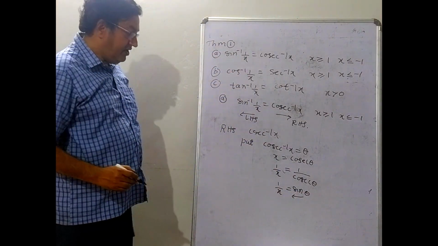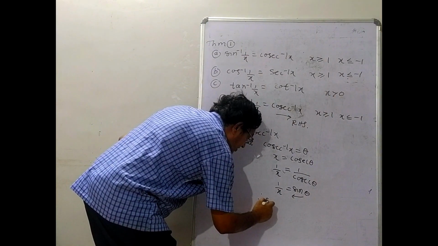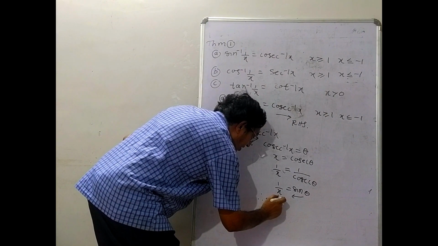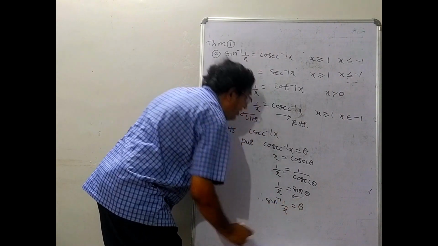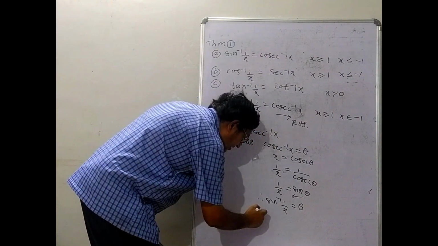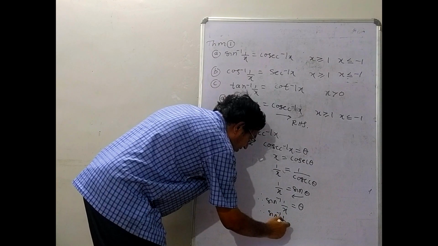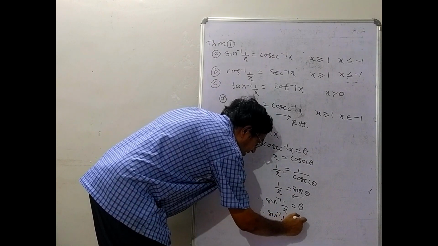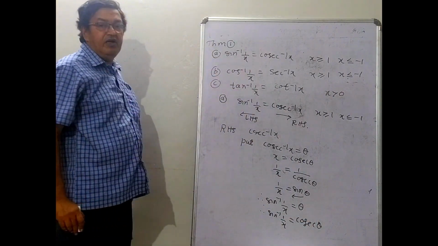Using the definition of inverse trigonometric function, we can write, therefore, sin inverse of 1 upon x is equal to theta. But what is theta? Theta is nothing but cosec inverse of x. Therefore sin inverse of 1 upon x is equal to cosec inverse of x. This is how you have to prove the first part of the theorem.